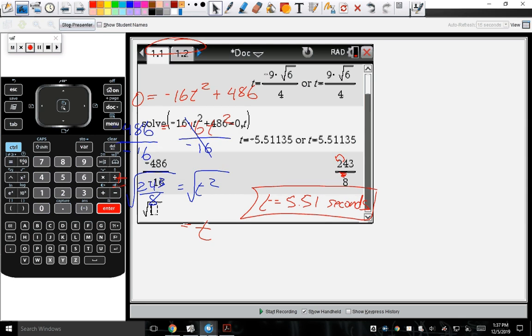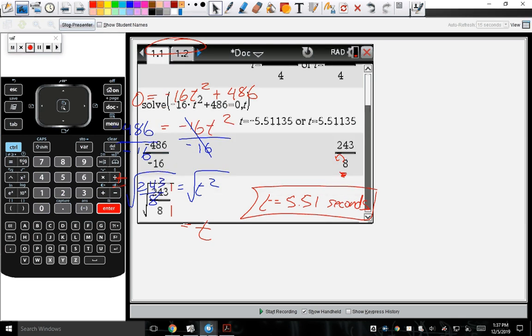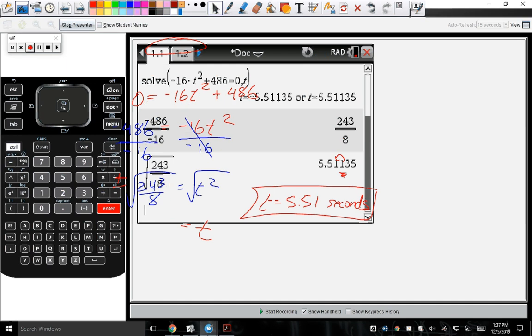I apologize if you can barely see it. But then go up and grab 243 over 8, control enter, and you still get that 5.51 answer. Different ways, same exact problem. Yes, you could have put it in the graphing calculator too and found the zeros the way we did those other problems. Any questions? Okay.